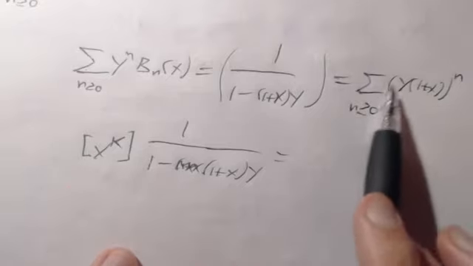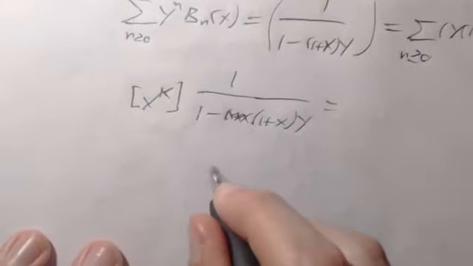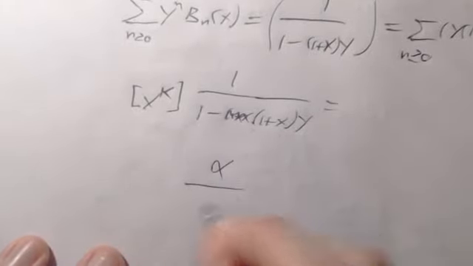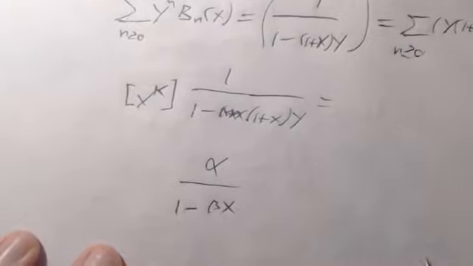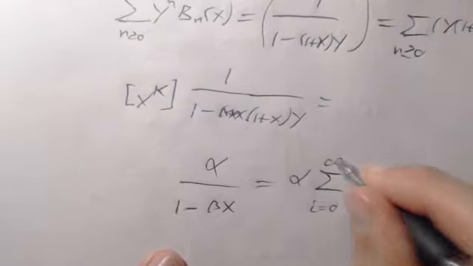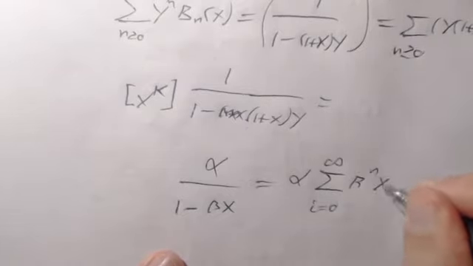So what we do is we try and rearrange this fraction so that we have something of the form alpha over 1 minus beta x, where alpha and beta don't contain any x's, and then we'd just be able to write this as equal to alpha times the sum from i equals 0 to infinity of beta to the i, x to the i, because it's a geometric series.